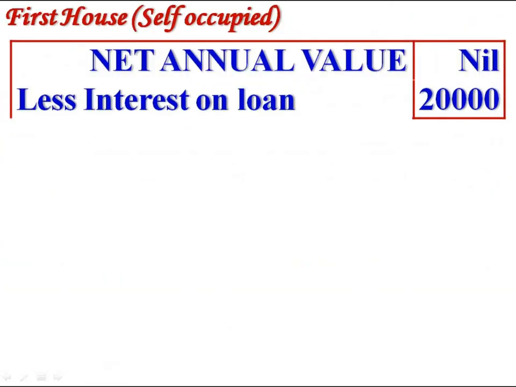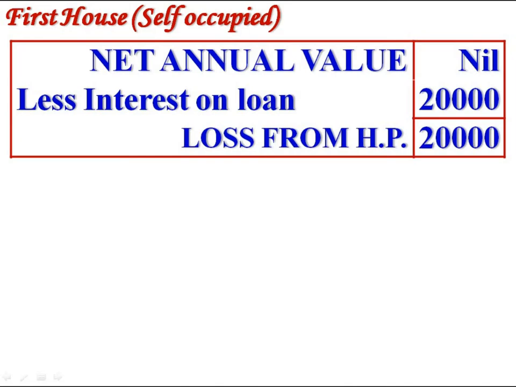Therefore, deduct this Rs 20,000: net annual value nil, less interest on loan Rs 20,000, we get minus 20,000. It is loss from house property. First house, self-occupied, loss from self-occupied property Rs 20,000.